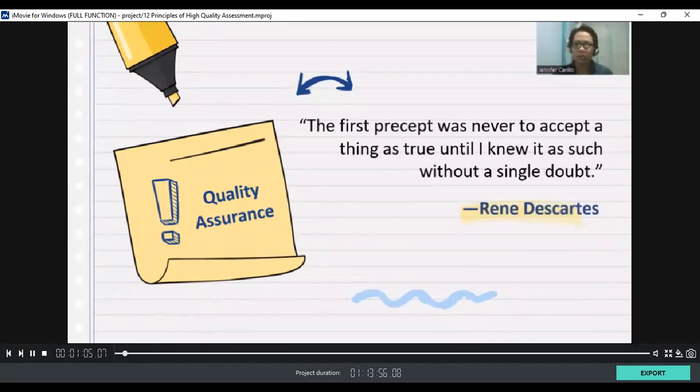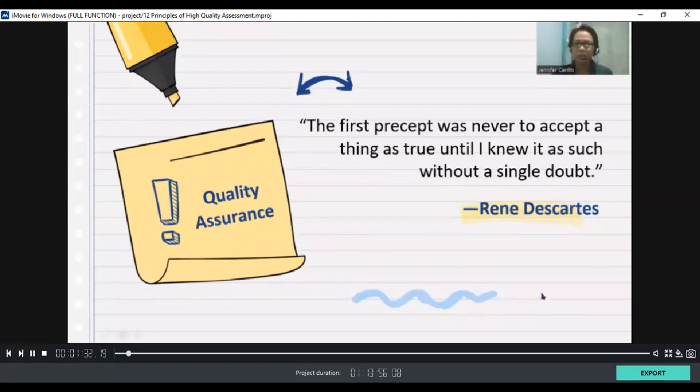So according to him, we should not easily, directly, immediately accept things to be true. That means we need to evaluate, criticize, analyze, check, and measure its quality before we can say that it is good, it is valid, it is reliable.